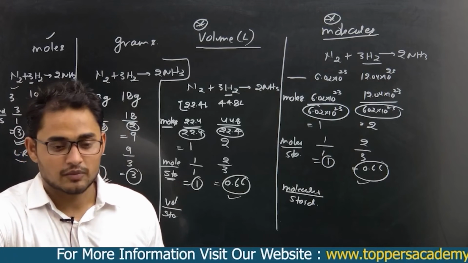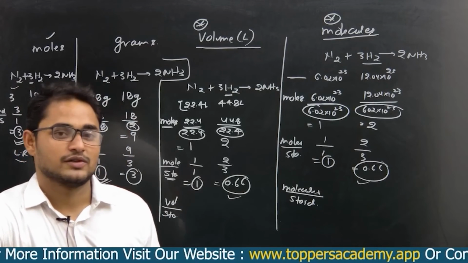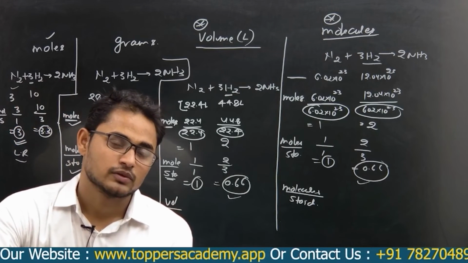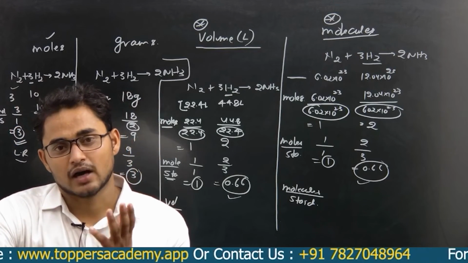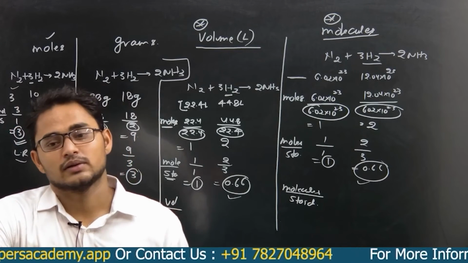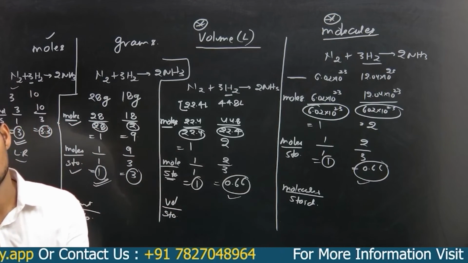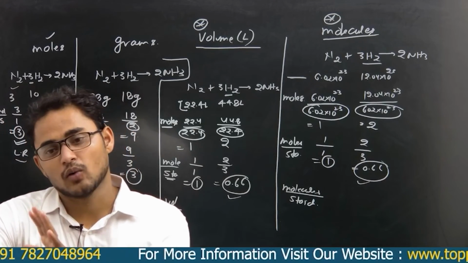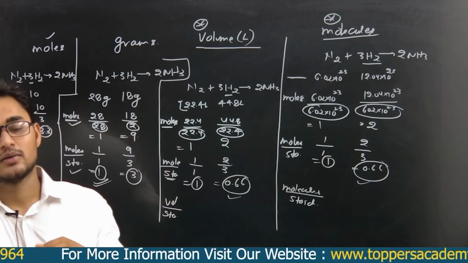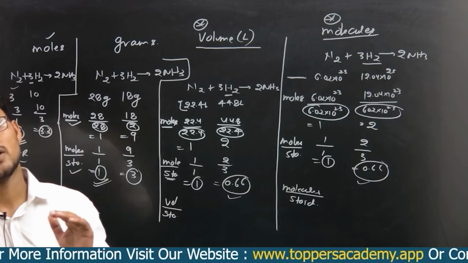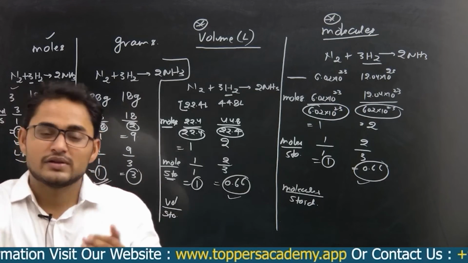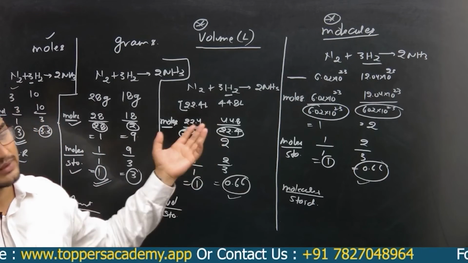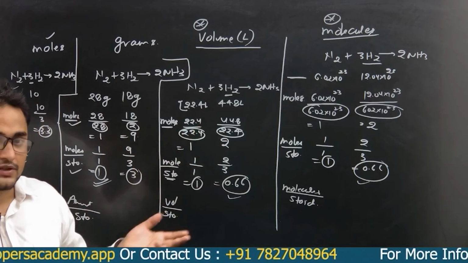It is not bound that it will be asked in only one chapter, that is some basic concept of chemistry. You must know how to find the limiting reagent for your physical chemistry and your inorganic also. If you want to deal with which reactant is consumed, what amount of product will be formed, and which is the excess reagent, you will have to know this topic, the limiting agent.